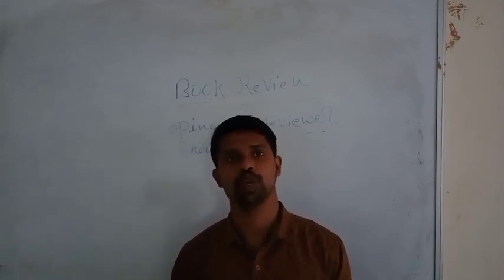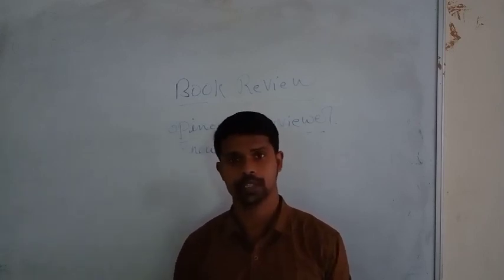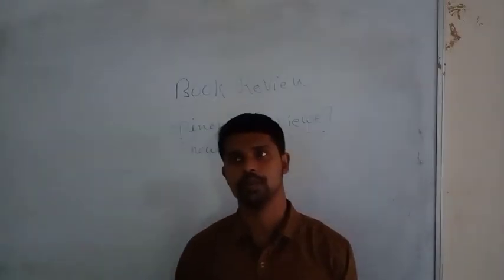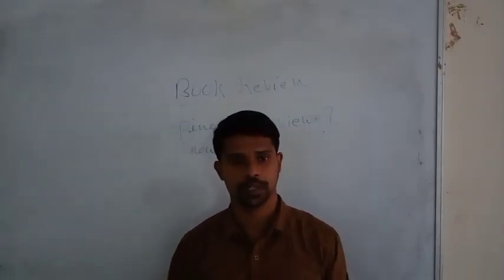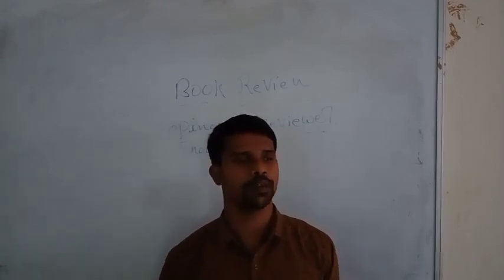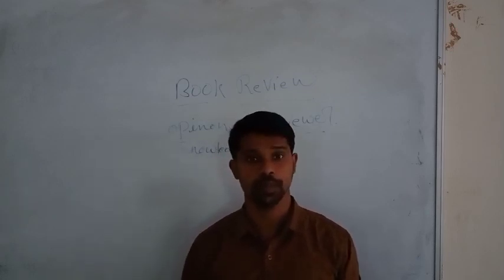At the same time, it should not be too complicated, nor too simple. You can use almost medium language so that people can understand. At the same time, polished language also should be there.